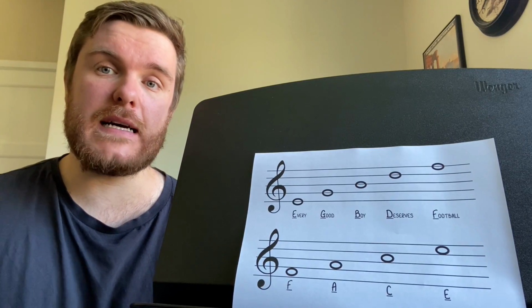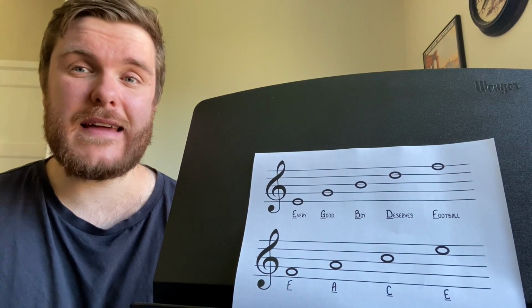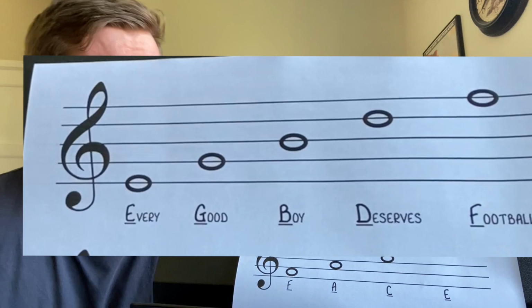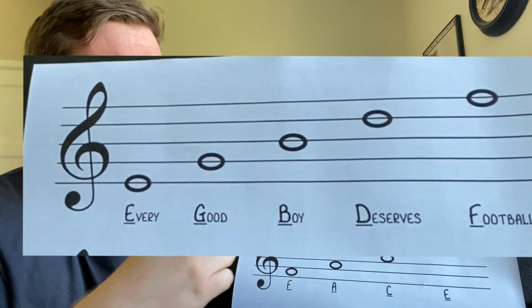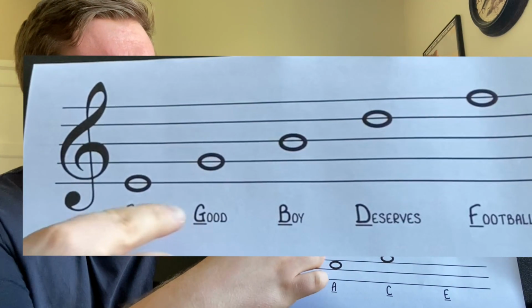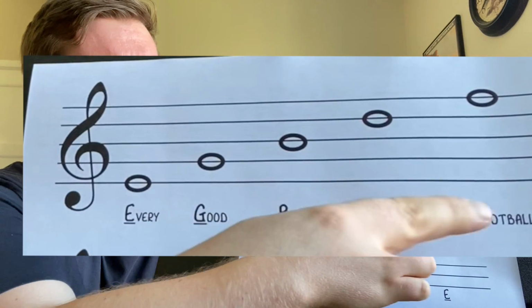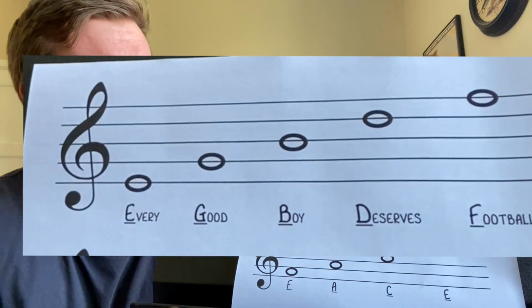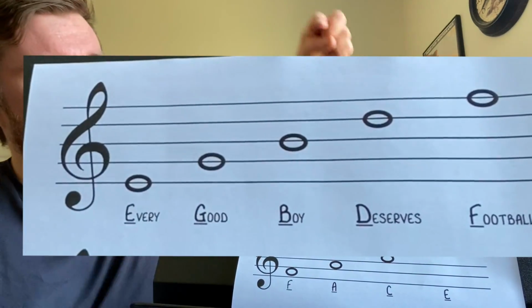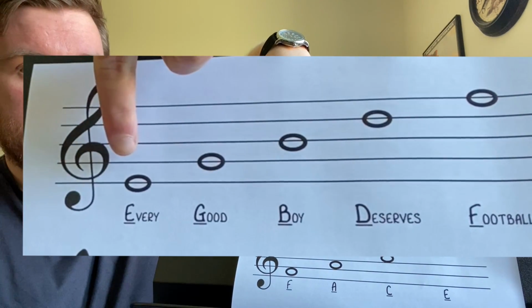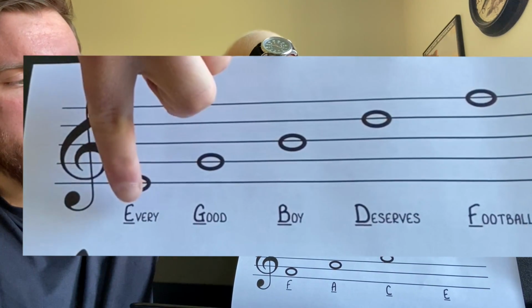Now we have 5 lines, so that means we have 5 notes with lines through them. I like to remember the order of the notes as every good boy deserves football from the bottom. So that means that this note here would be E for every.